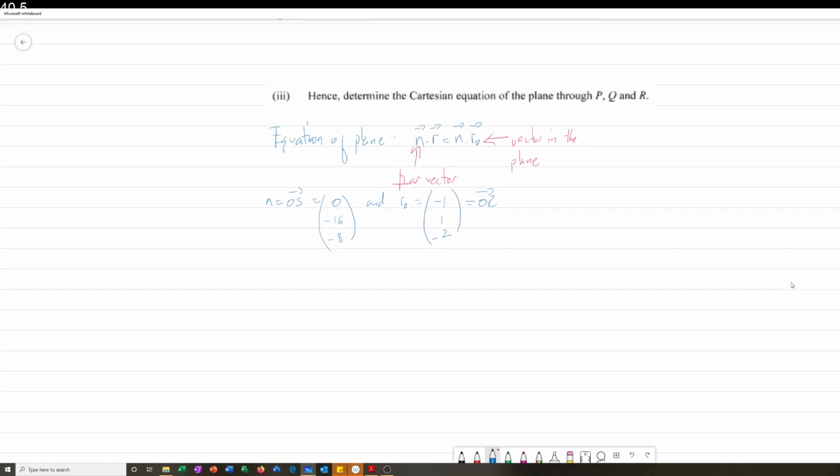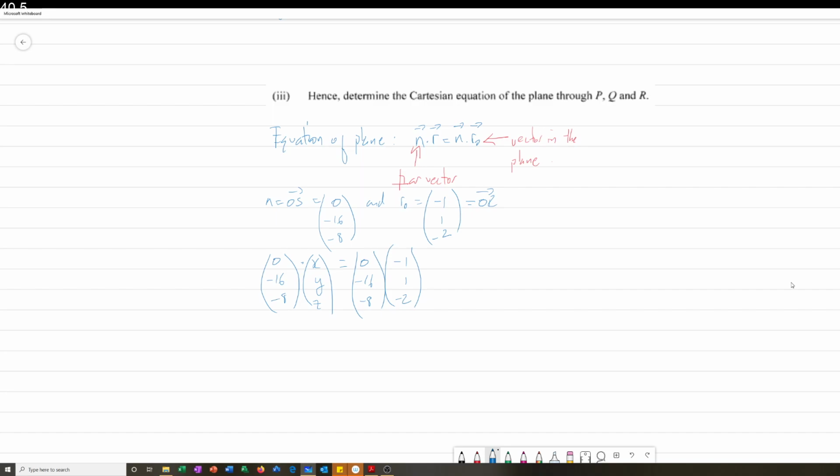So the equation of the plane is now 0, minus 16, minus 8, dot x, y, z, is equal to 0, minus 16, minus 8, and then I have this point that is R, which is minus 1, 1, minus 2.